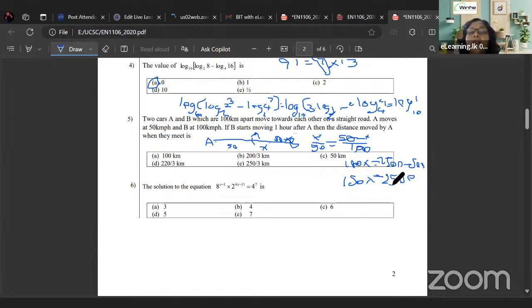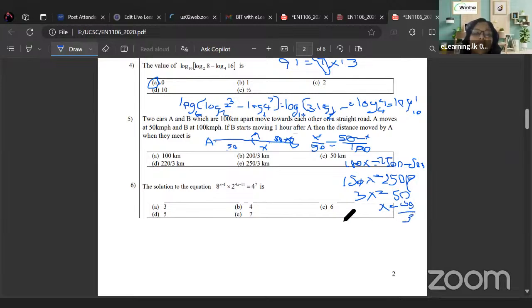When you add this, then you can cut off this 0 and this 0. You divide this by 50, 3x equals 50. x is equal to 50 divided by 3.